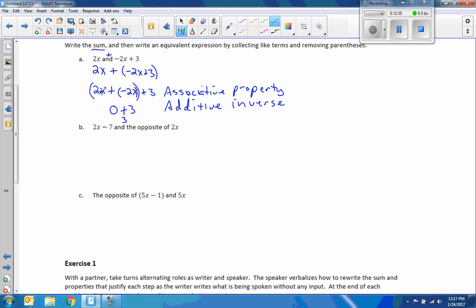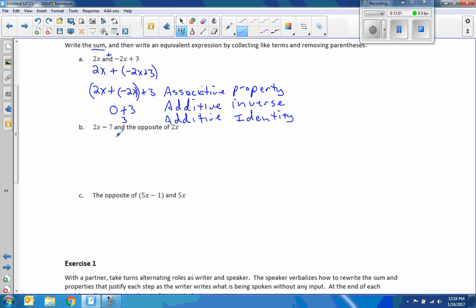Okay, 2x and a negative 2x added are adding inverses. And then adding 0 to something is the additive identity. Additive identity property of 0, if you will. Okay. Alright, and the second one.